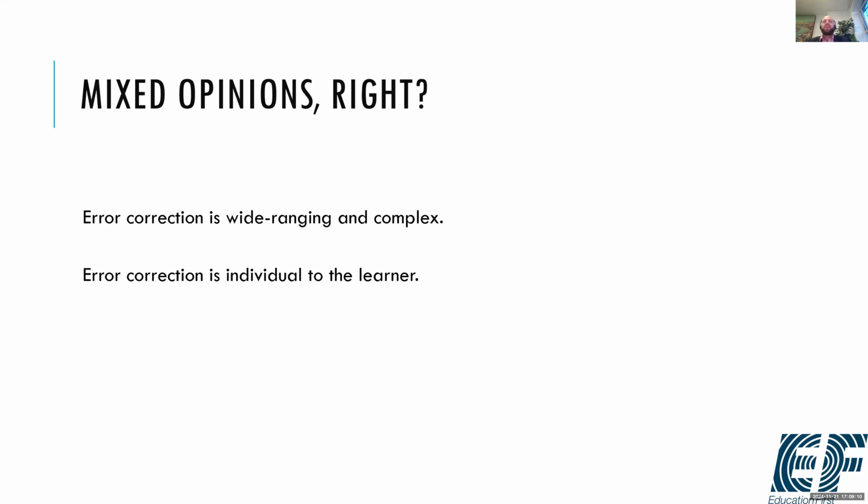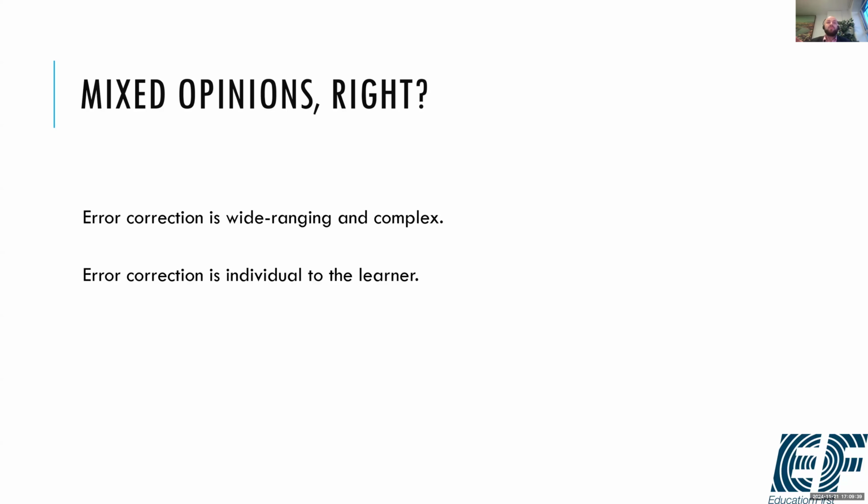Now, it's individual to the learner, which makes it very, very difficult for a teacher to do effectively. Error correction can make a learner very anxious, especially when they don't have the rapport with a teacher as you would hope for them to have. So some error corrections may work very well in your class and may not work well for the class of another.